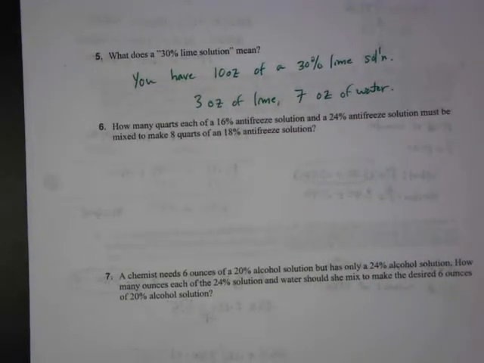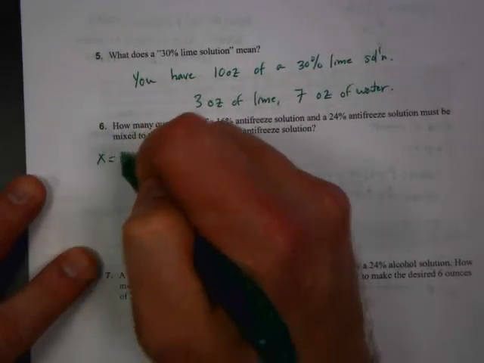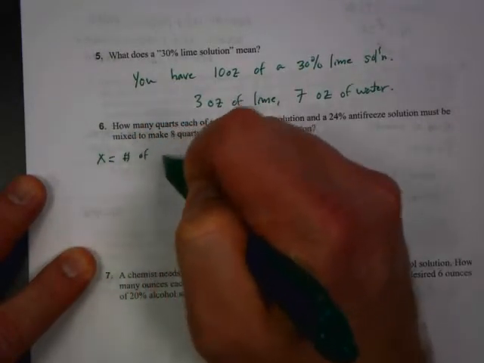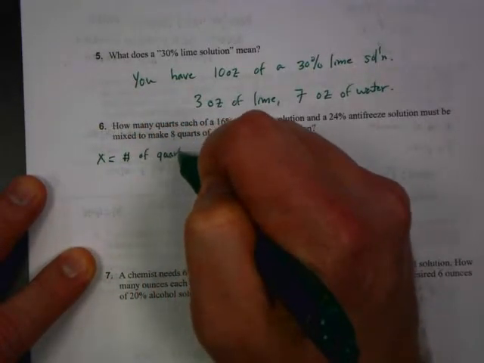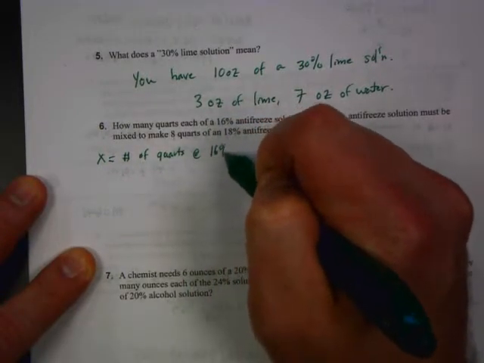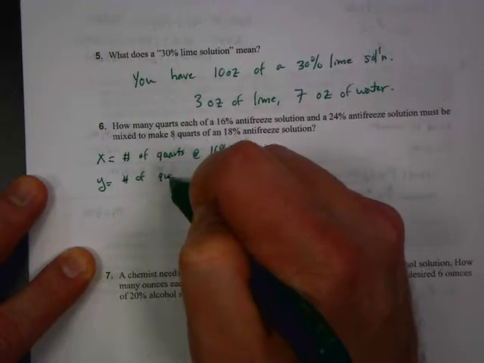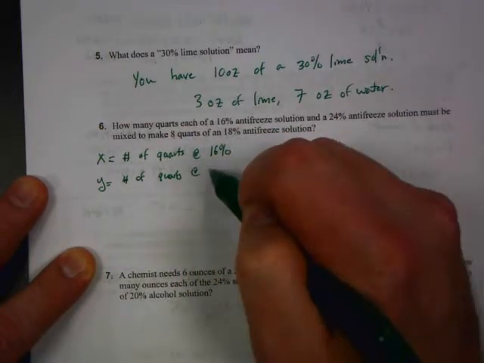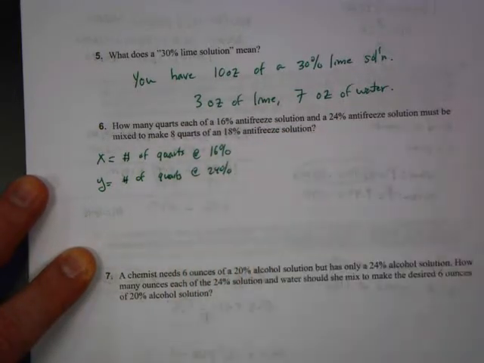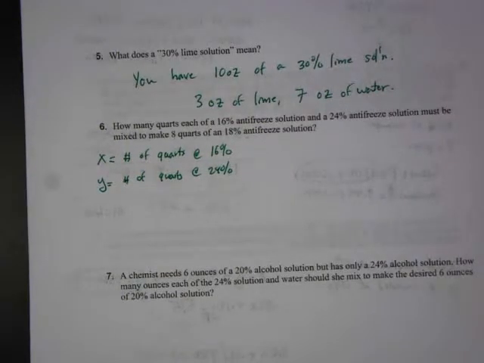X and Y. All right, so X is the number of quarts at 16%, and Y is the number of quarts at 24%. Now what?